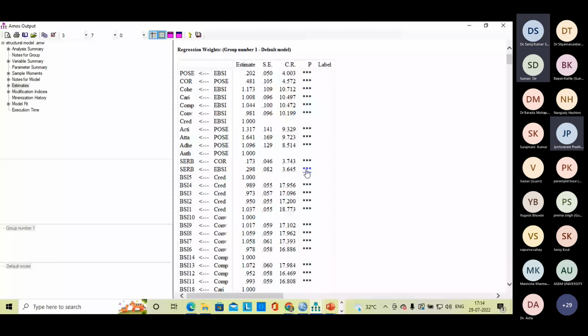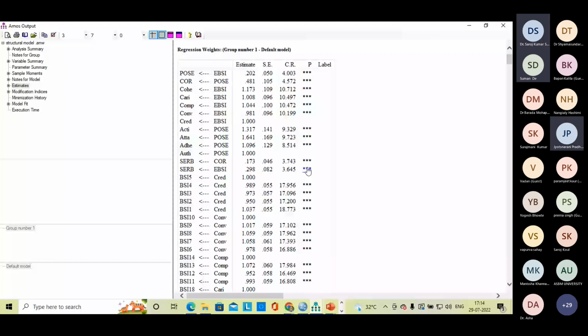Had this p-value been 0.04 or 0.049, then also we can accept that the impact or regression weight is significant, because it is significant at 5% level of significance, because 0.049 is less than 0.05.